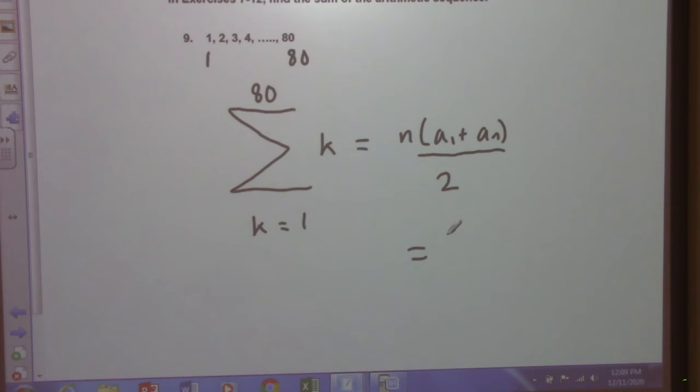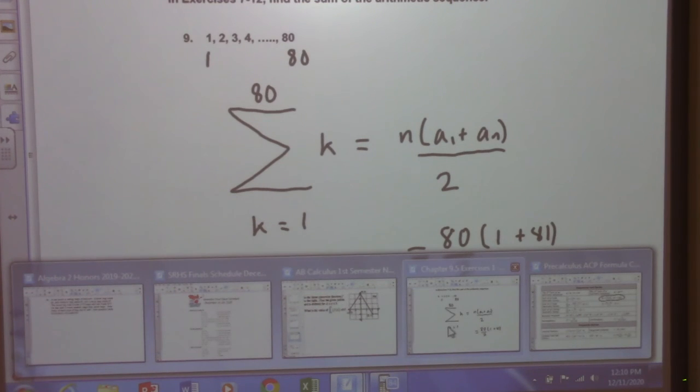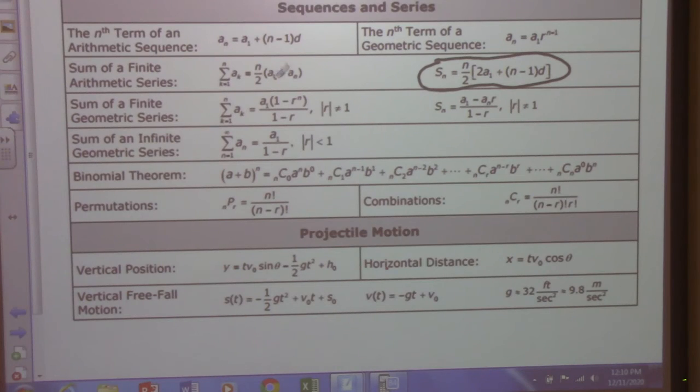So you should get 80 times 80 over 2 times 1 plus 81. When do we know what fraction or what equation to use? Okay, I'll show you how you know which one to use. It's this one right here, sum of a finite arithmetic series.